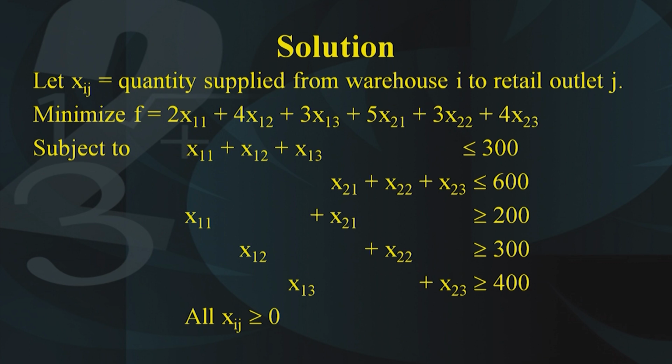And since the demands have to be met, x11 plus x21 should be greater than or equal to 200, and similarly for the other columns also. Of course, we have to make sure that all xij's should be greater than or equal to 0.